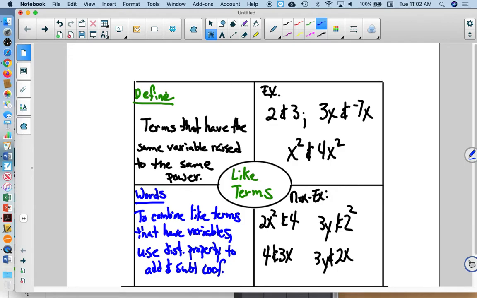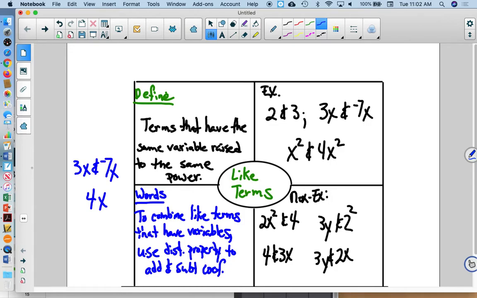Okay, well look at 3x and negative 7x. If we combine 3x and negative 7x, what did I just hear you say, Chance? Yeah, that's 4x. All I'm doing is putting the two together on one cake, so to speak. And it would be a negative 4x.